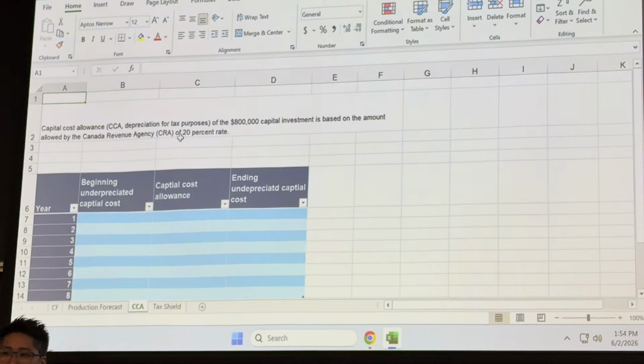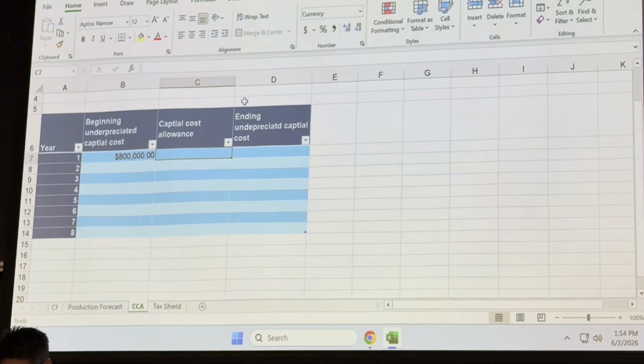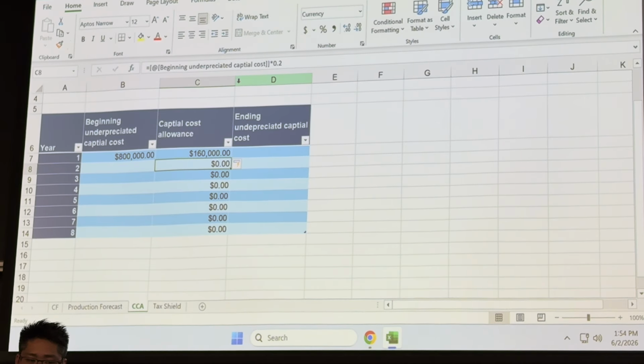It's a straight line rule, straight line depreciation. Year one, started with $800,000. What's the depreciation of that? We can use Excel, equal this guy times 0.2, 20%. Enter. The depreciation is 160,000.